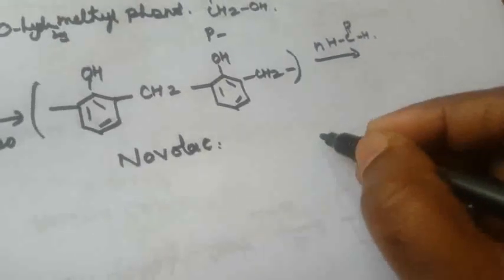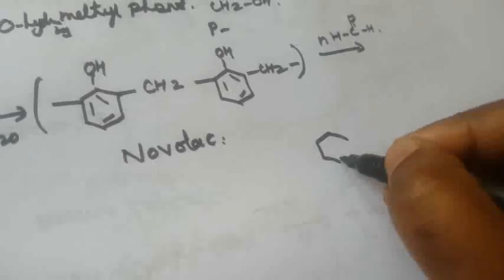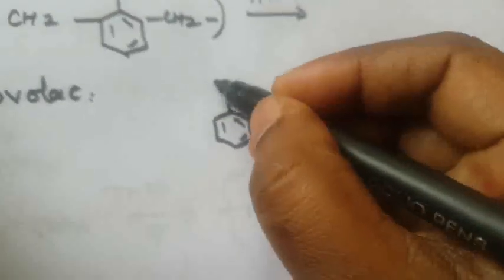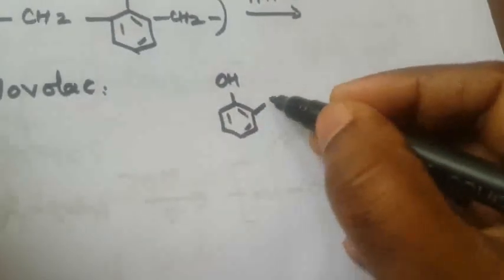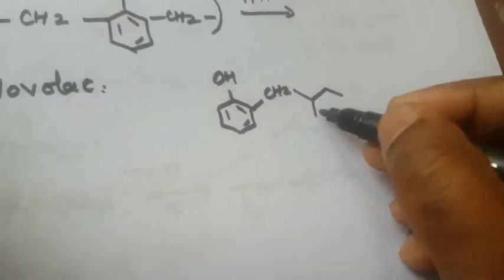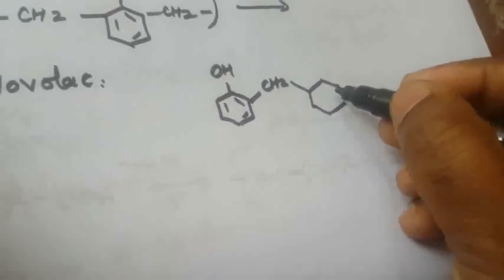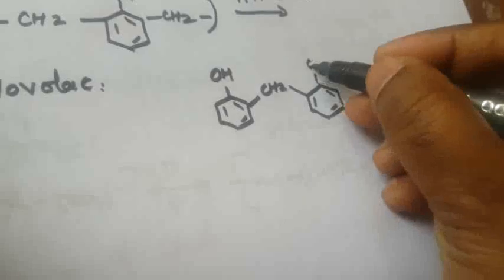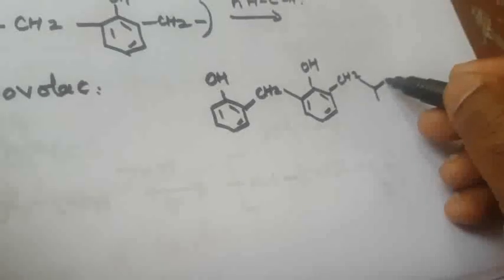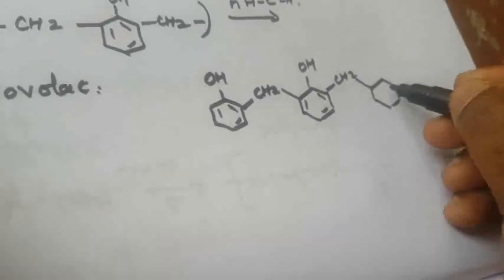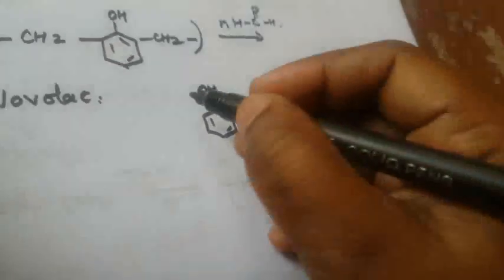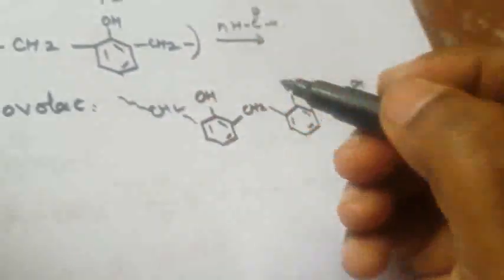This is another structure: OH, CH2, then OH, CH2, then OH, CH2. The compound will be continued, so that is called a polymer chain.